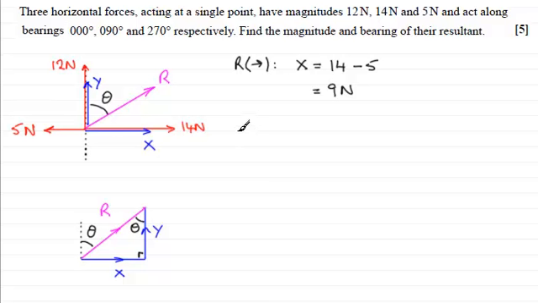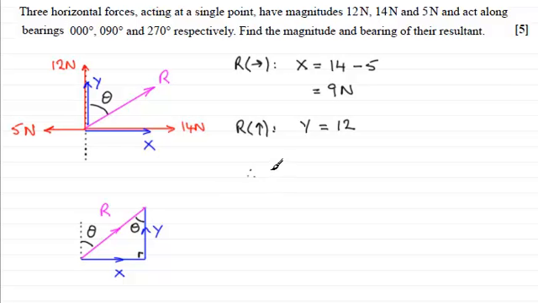Next I'm going to resolve upwards, taking upwards as positive. Y is that resultant force, and Y must be equal to just the 12 newtons, because the 5 and the 14 are perpendicular to this direction, so they have no effect in this direction. Now that I've got X and Y, I can use Pythagoras' theorem.